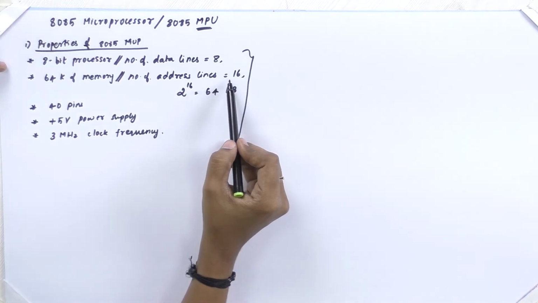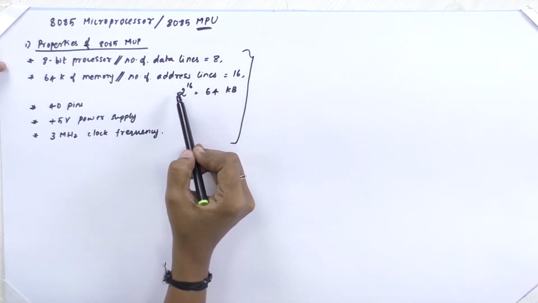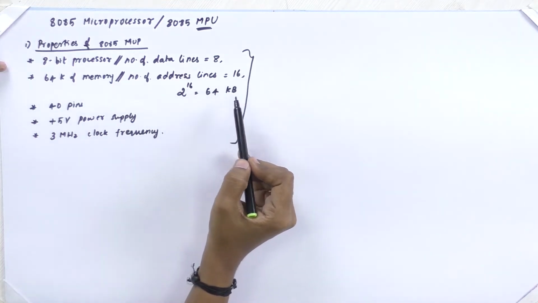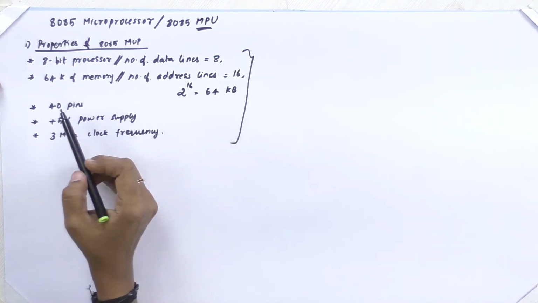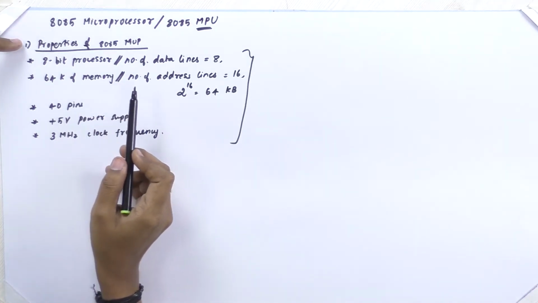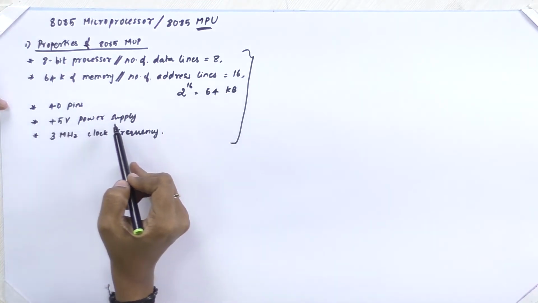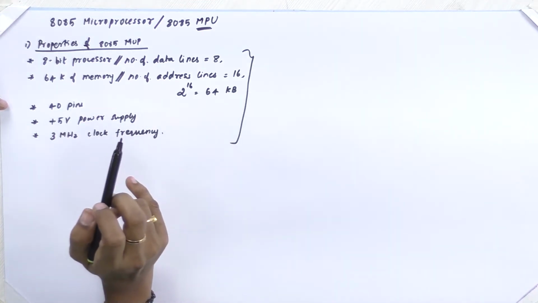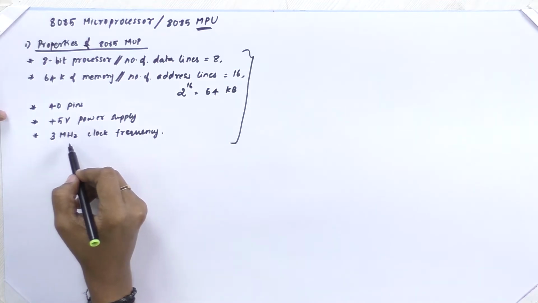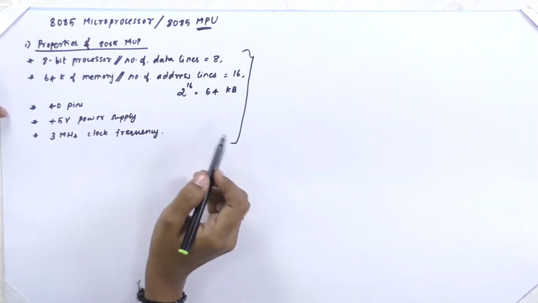Since the number of address lines is 16, we can calculate the memory capacity as 2 to the power of 16, which equals 64 kilobytes. Then the total number of pins is 40. It requires a +5 volt power supply, and it also requires a 3 megahertz clock frequency, which is referred to as the execution speed of this processor.